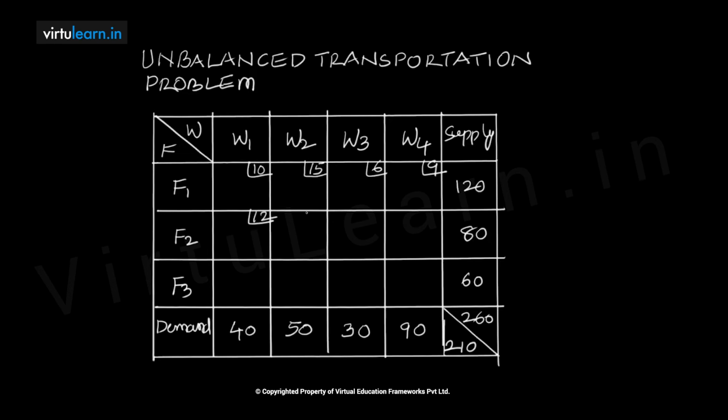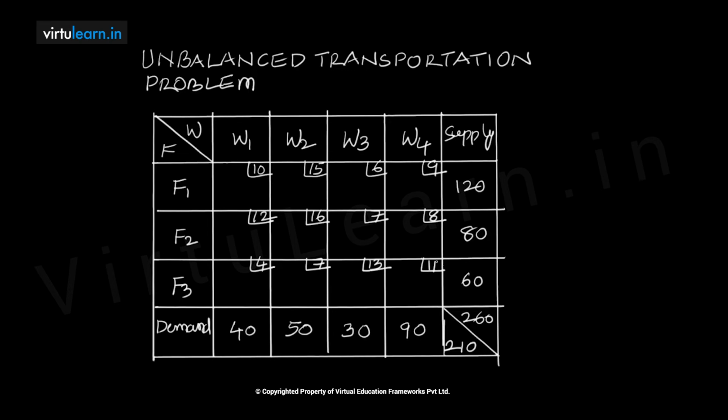If supply is more, then we have to create an extra column. But in case demand is more, then we have to create one dummy row.